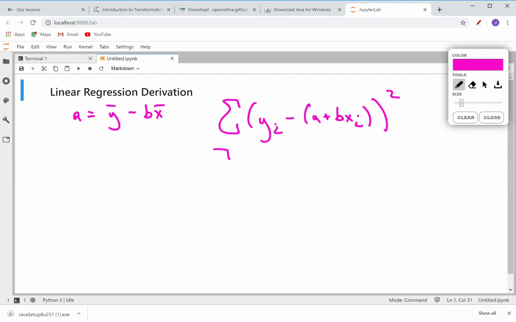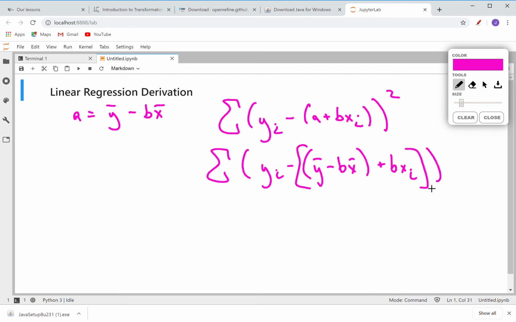So now I can rewrite this expression as the sum of (y_i minus (y bar minus b x bar) plus b x_i), this thing squared. And just go on from there, right?